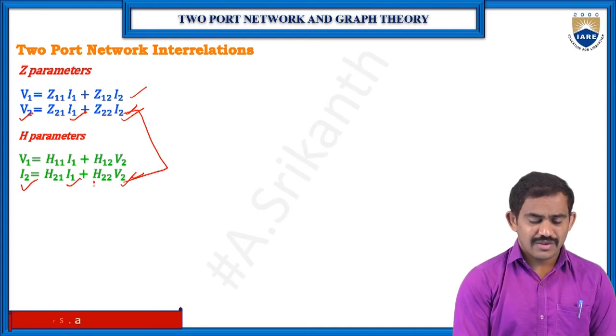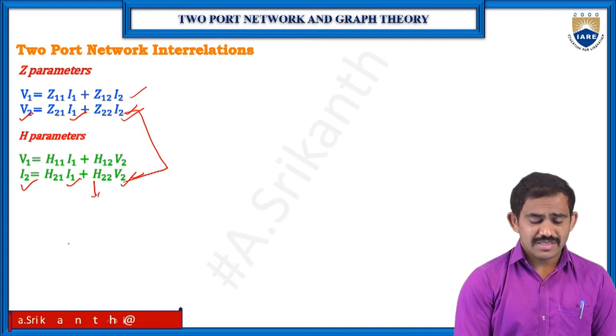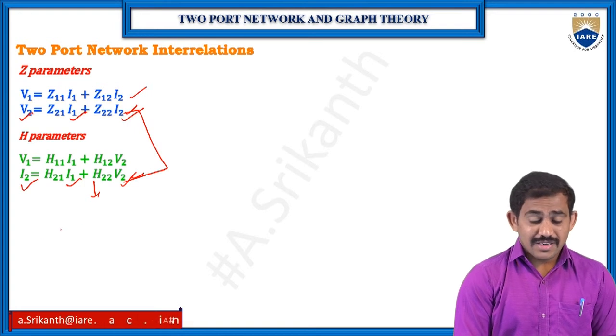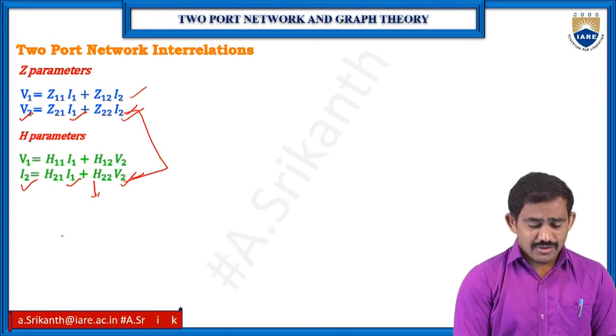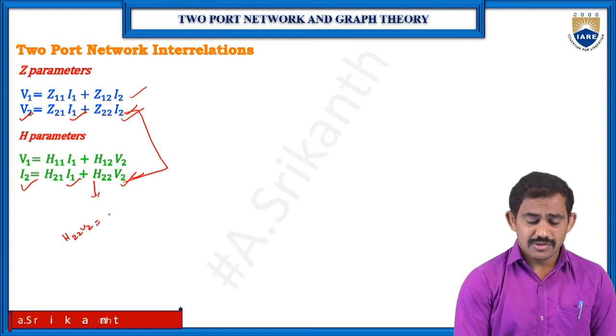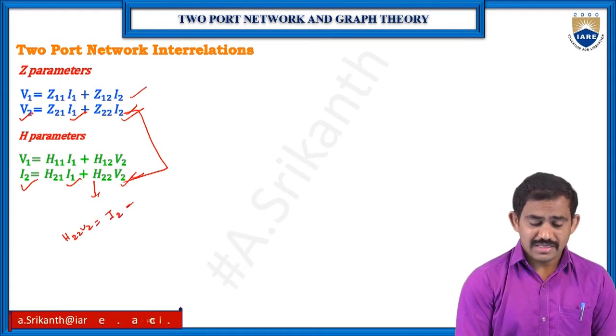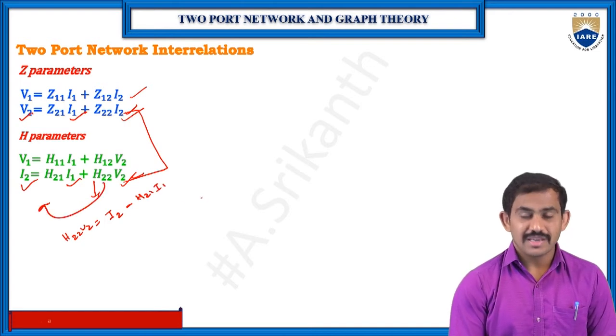So from this equation, I want the V2 value. So H22 V2 is equal to I2 minus H21 I1. So this goes outside, and we get this value.